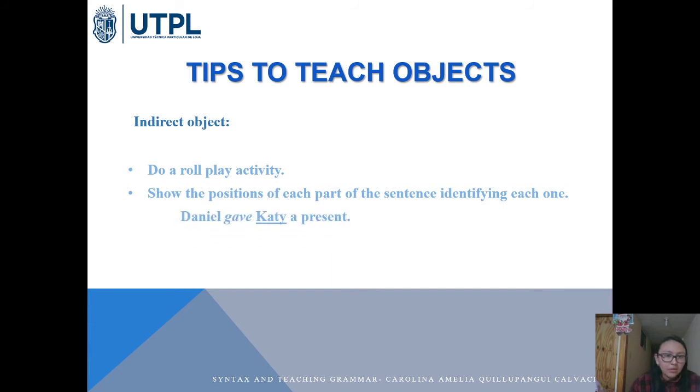For example, here we have Daniel gave Katie a present. So gave is in another type of letter because this is the action, and Katie is the indirect object, so it's underlined. We can identify that the action benefits Katie because Katie received this present in the sentence.